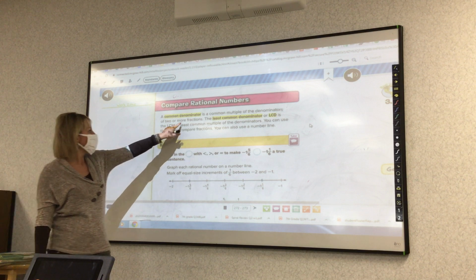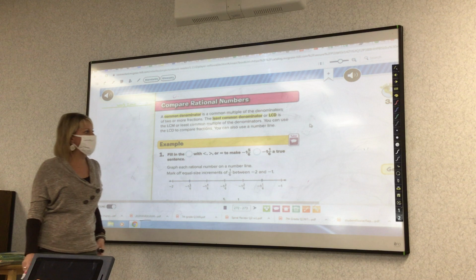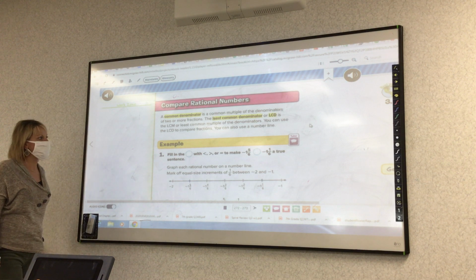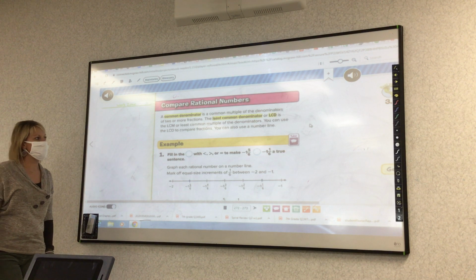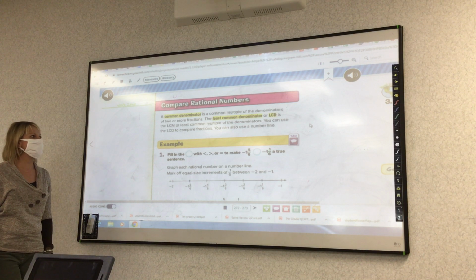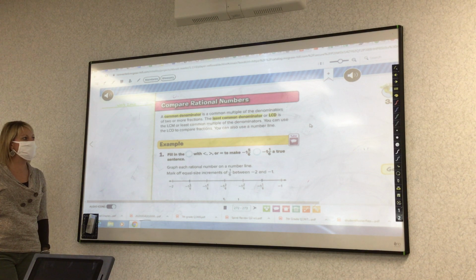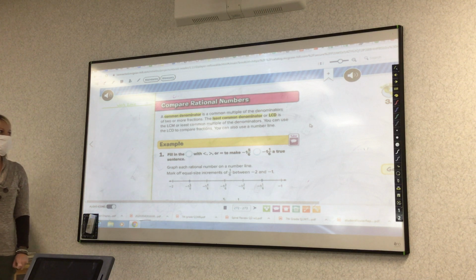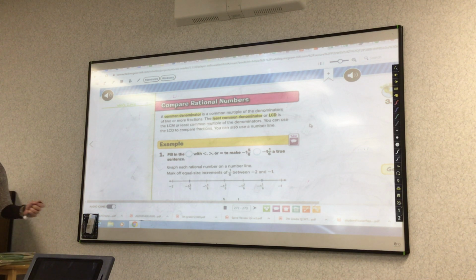A common denominator is a common multiple of the denominators of two or more fractions. The least common denominator, or LCD, is the least common multiple of the denominators. We've worked on this last week in a small group. You can use the least common denominator to compare fractions.